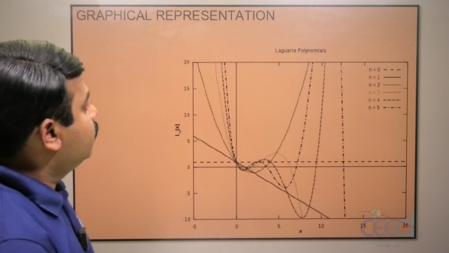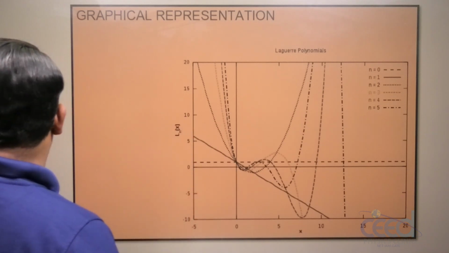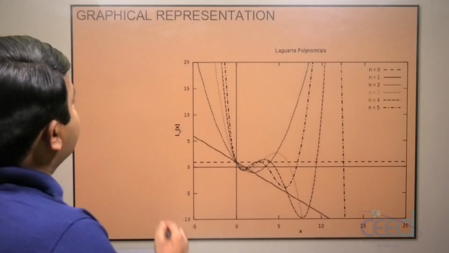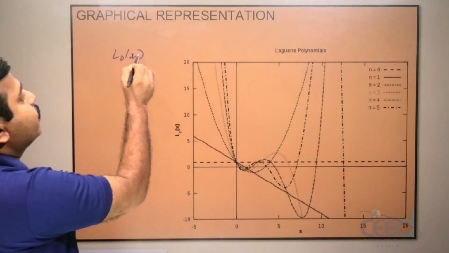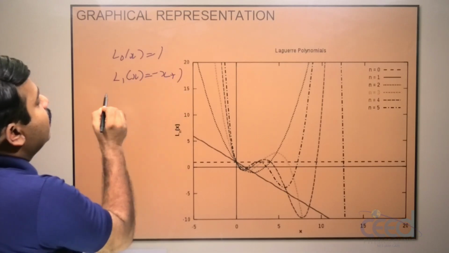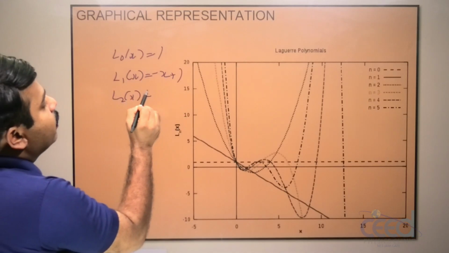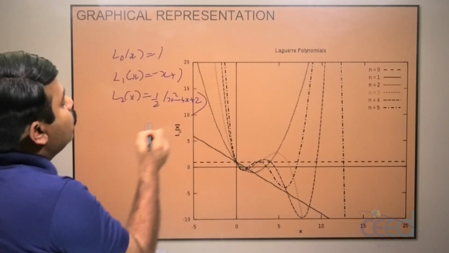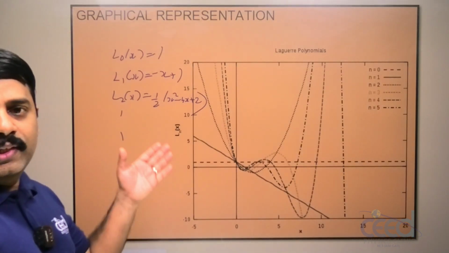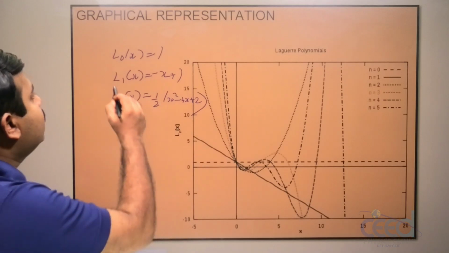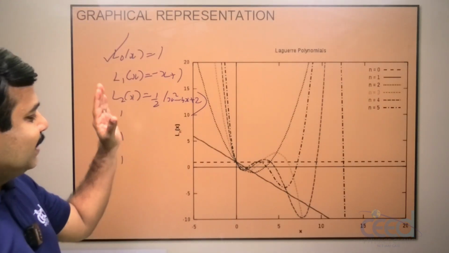What we have seen: L0 of x is 1, L1 of x is minus x plus 1, L2 of x is 1 by 2 into x square minus 4x plus 2, and so on. Now L0 of x equal to 1 means it is a constant.